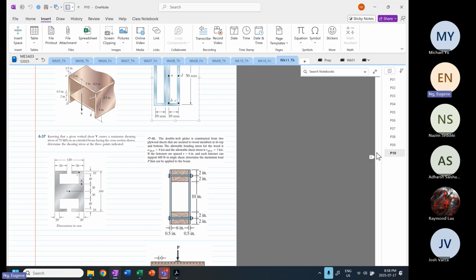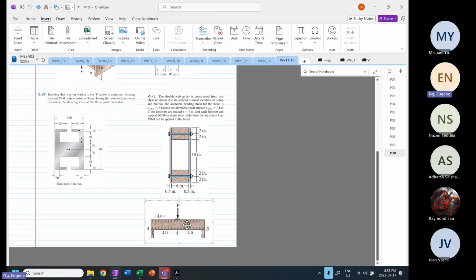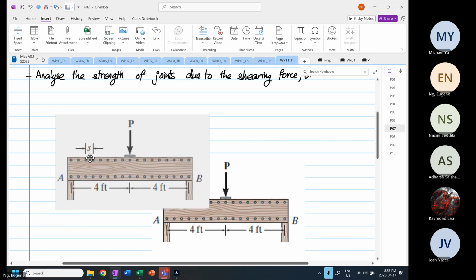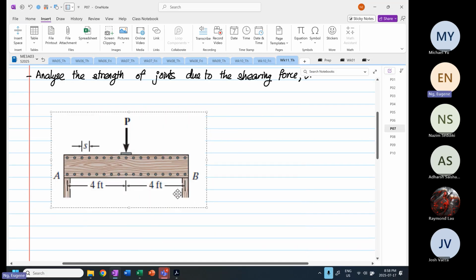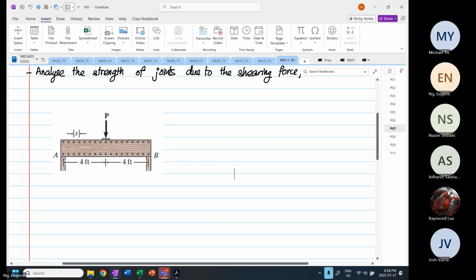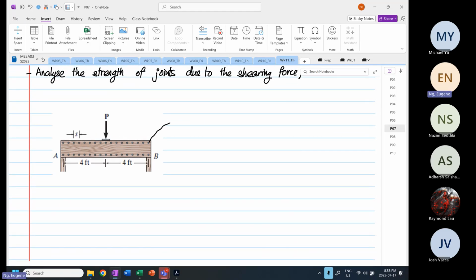What do I mean by structure change? So this is our structure now. And what you can see in our structure over here, you have a fastener.